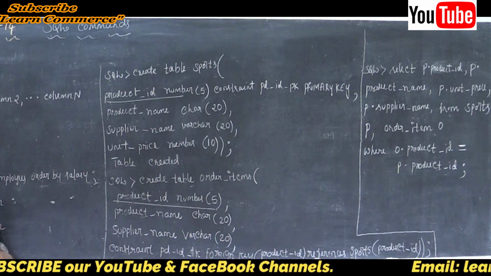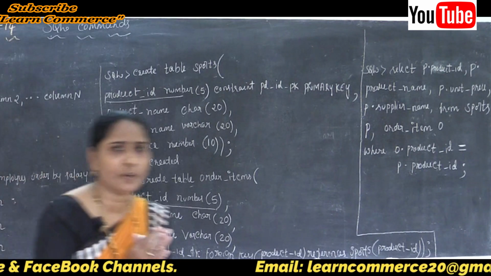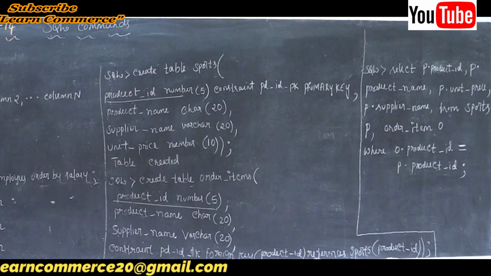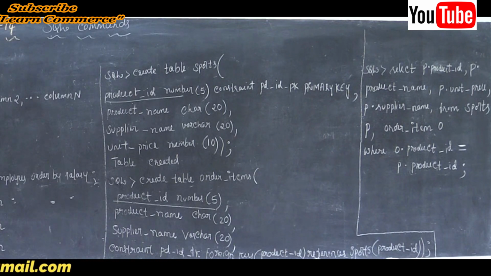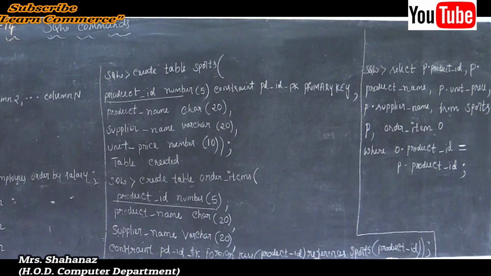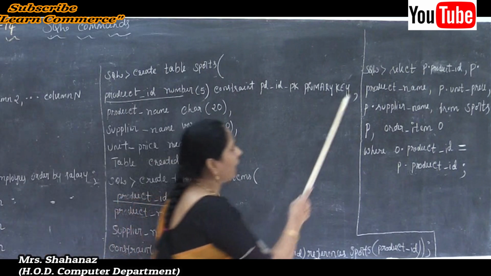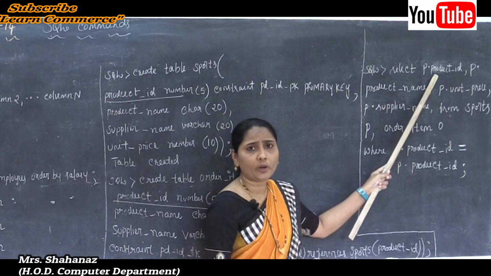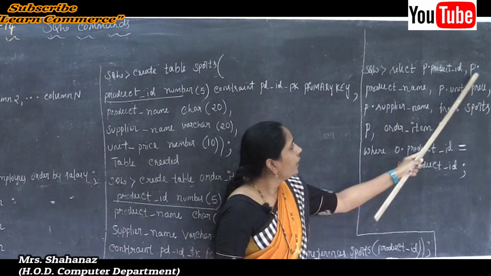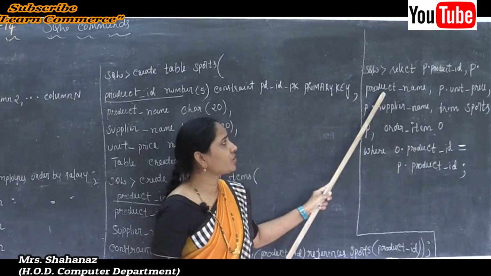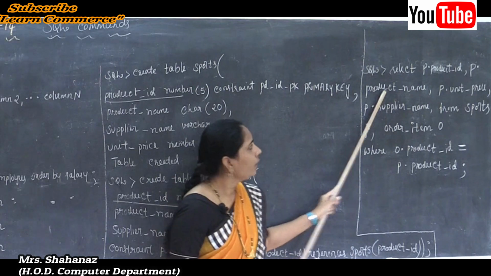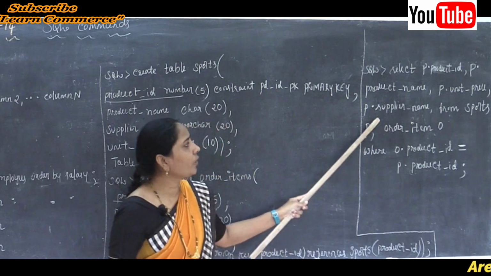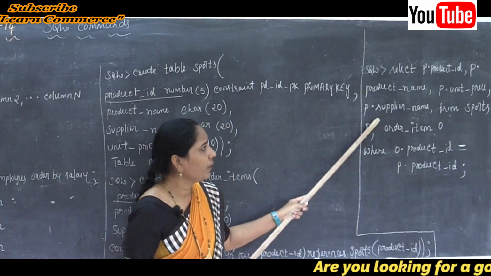Now we have established the relationship between one table and another table, but we know that in our joins everything is going to be joined in a select statement. So I started the query: select P dot product underscore ID comma P dot product underscore name comma P dot unit underscore price comma P dot supplier underscore name from.